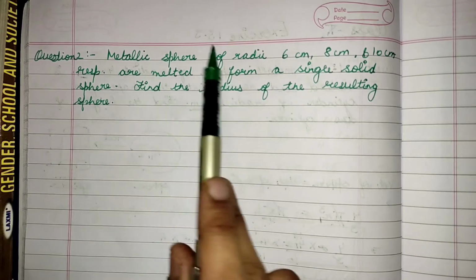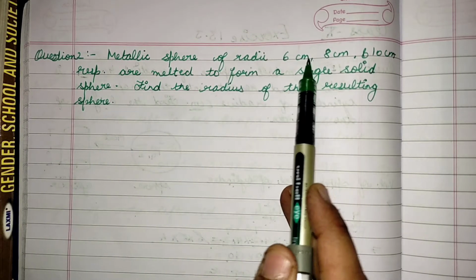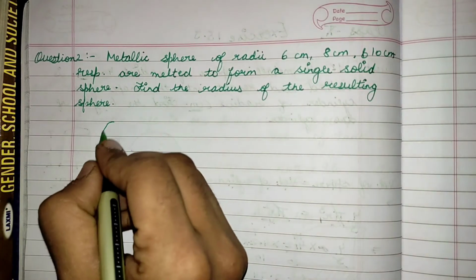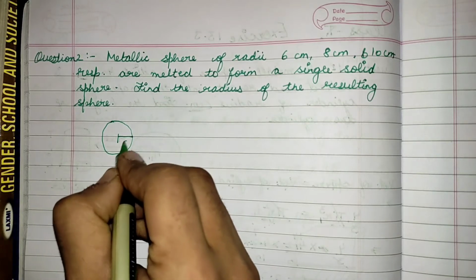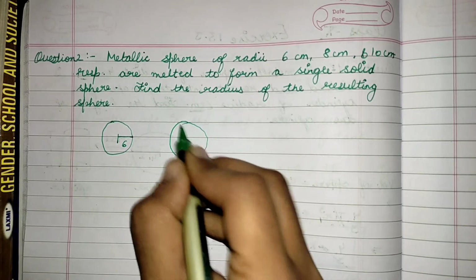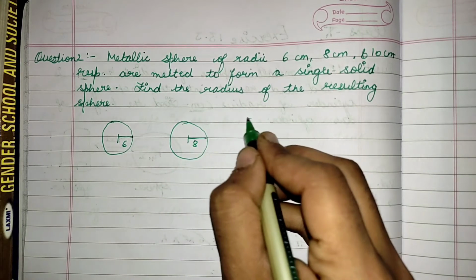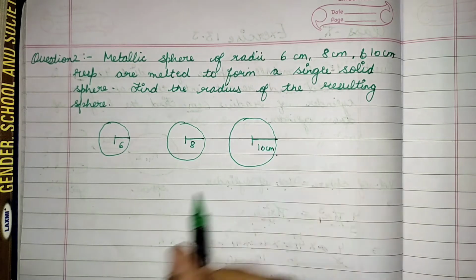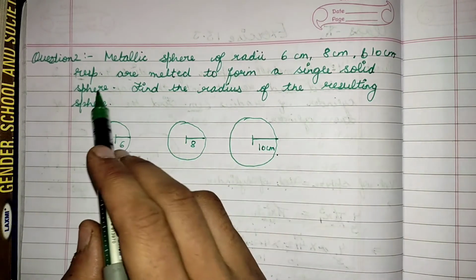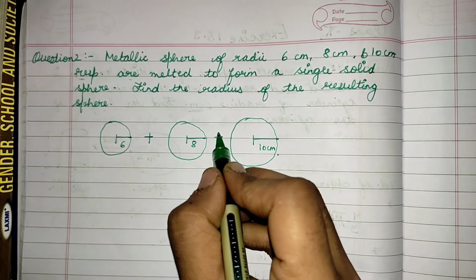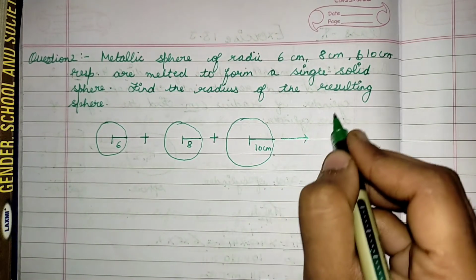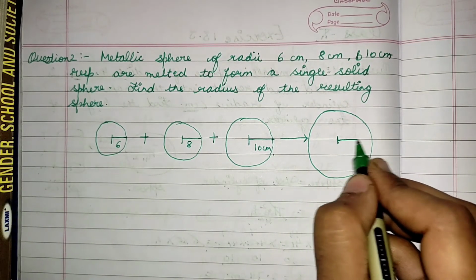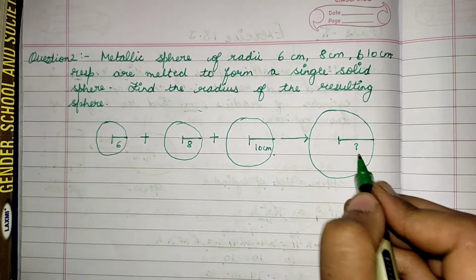Now what they are doing: metallic spheres of radii 6 centimeter, 8 centimeter and 10 centimeter respectively. There are three spheres. One radius is 6 centimeter, the second is 8 centimeter, and the third is 10 centimeter. All are melted to form a single solid sphere. We have to find the radius of the resulting sphere.